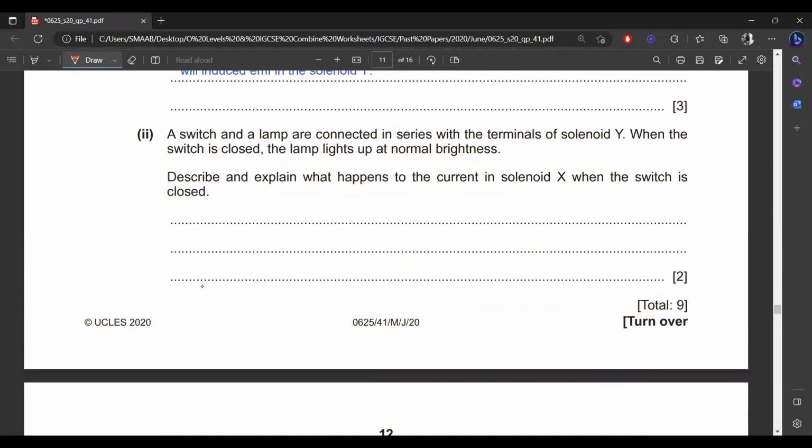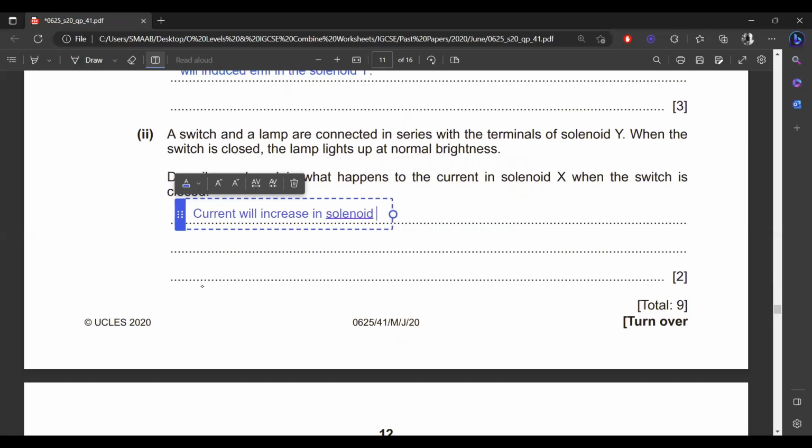So the first thing is, current will increase in solenoid X, because now it is going to supply the main power to that lamp, because we are going to generate electricity by the concept of electromagnetic induction.